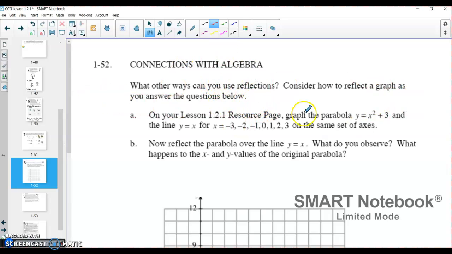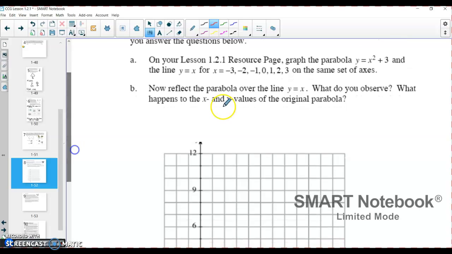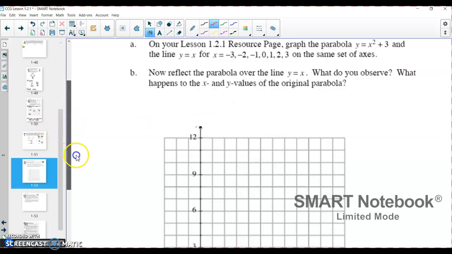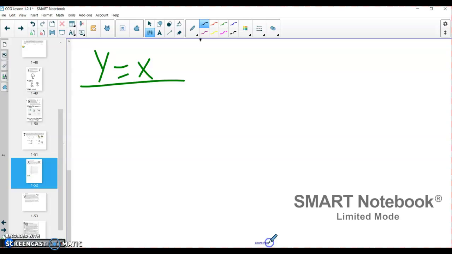And so we're going to actually reflect a graph, and so we get that algebra connection. We have to first graph the parabola y equals x squared plus 3 and the line y equals x for these given x points. And so I'm going to do an xy table just to kind of bring back how we do these graphs. And some people could maybe graph it just from memory, but we'll do y equals x is the first one, and then we'll do an xy table here.